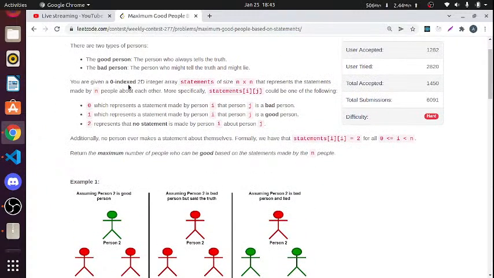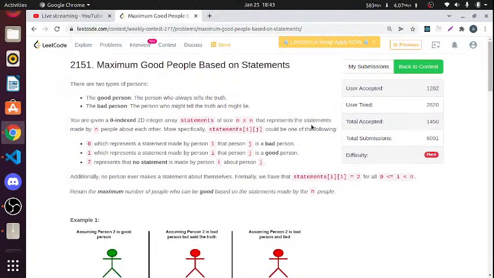We are given a 0-indexed 2D integer array statements of size n x n, which represents the statements made by n people about each other.